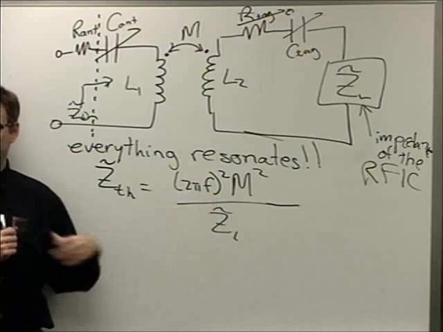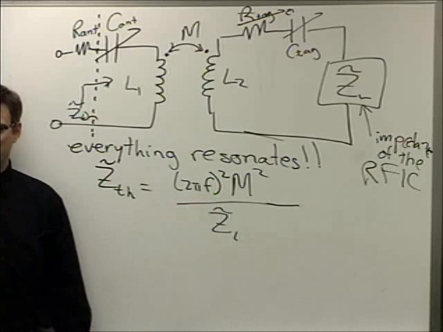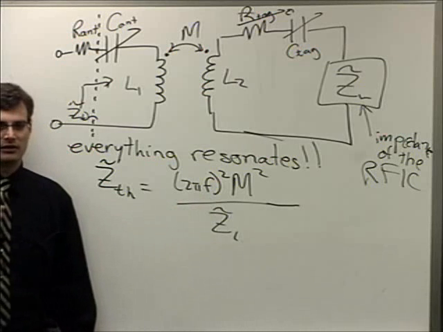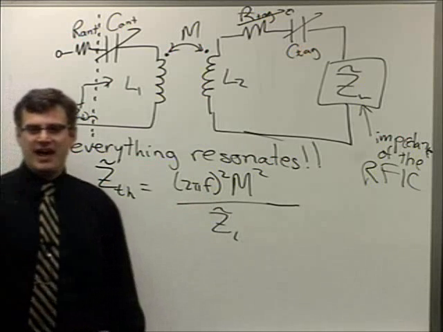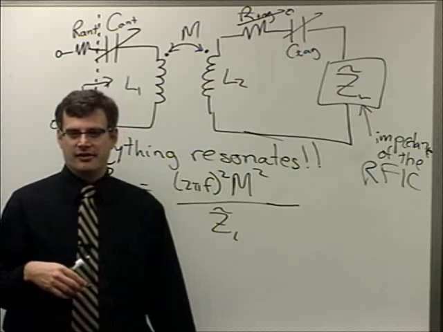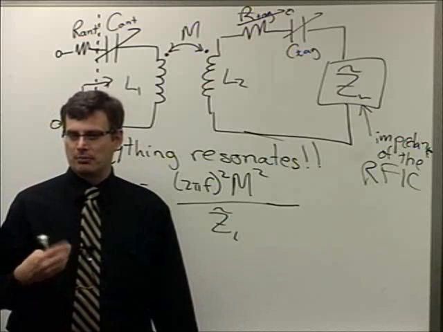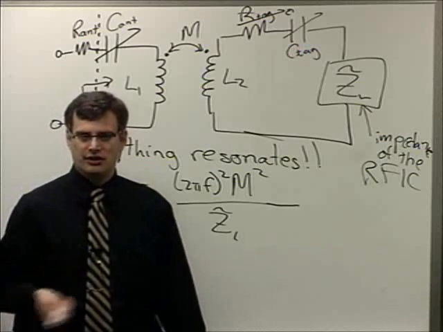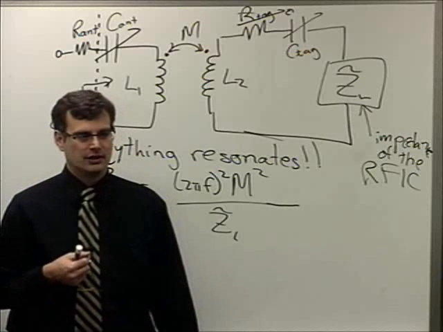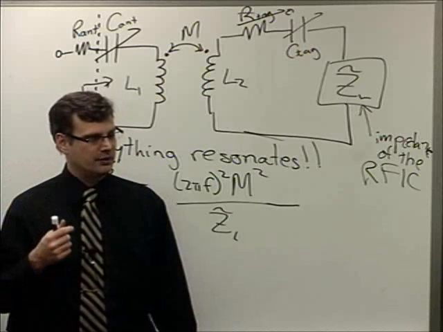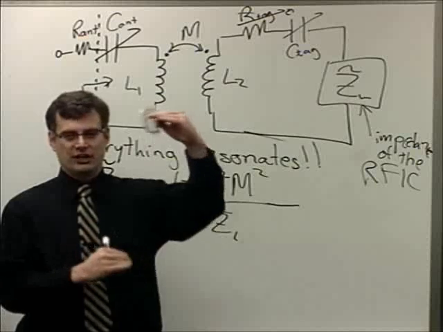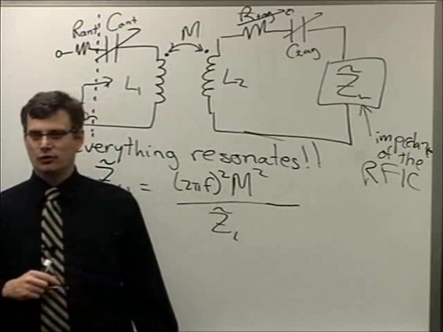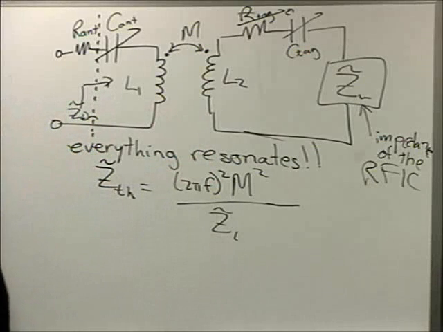So generally, higher frequencies is better. It's better for coupling. It's better for Faraday's law. Higher frequencies change faster, and the voltage is going to be proportional to the rate of change of your magnetic field. So it only makes sense that going higher frequencies will cause bigger voltage excitations at the terminals of your loops through Faraday's law.